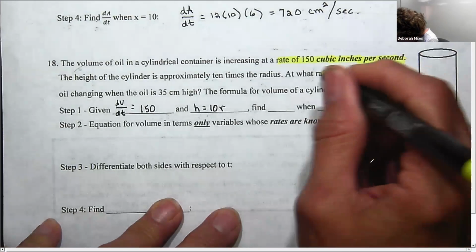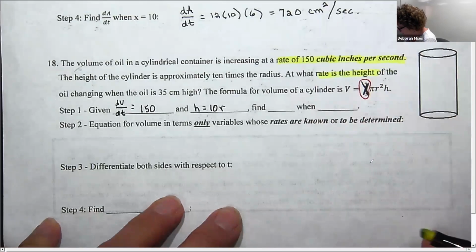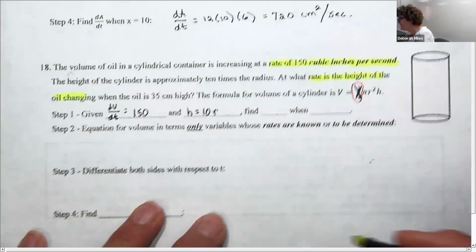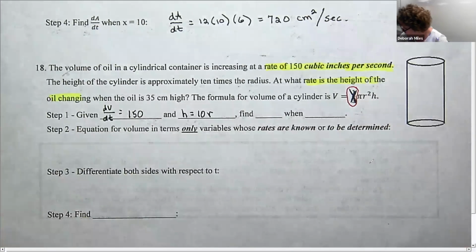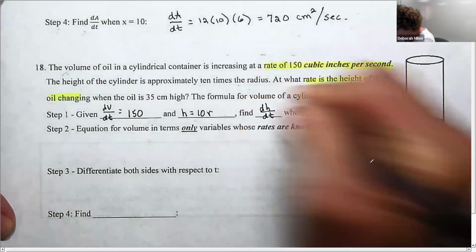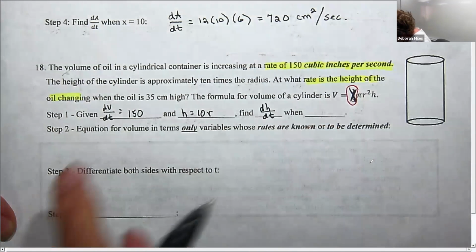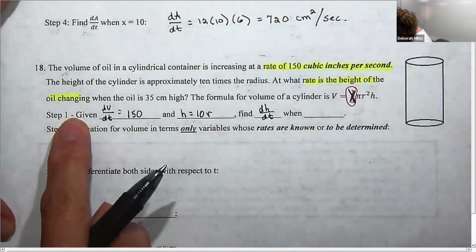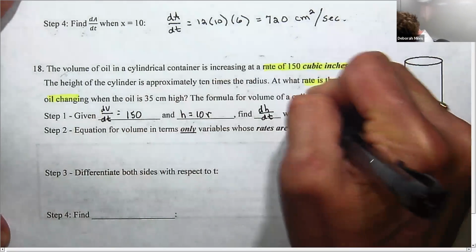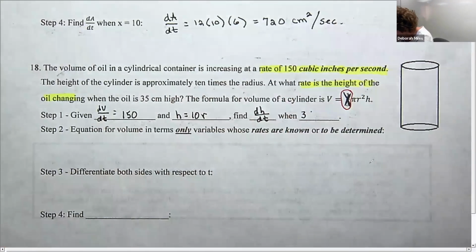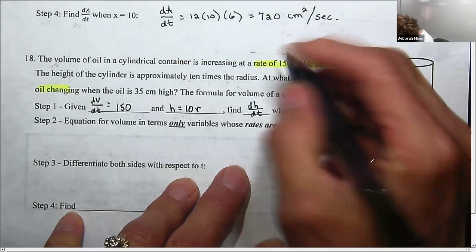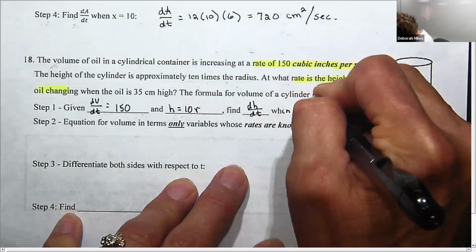What can we use for the rate at which the height is changing? That's dH over dt. And we're supposed to find the rate at which the height of the oil is changing, specifically when the oil is 35 centimeters high. So which variable is that 35? Yeah, that's when H equals 35.